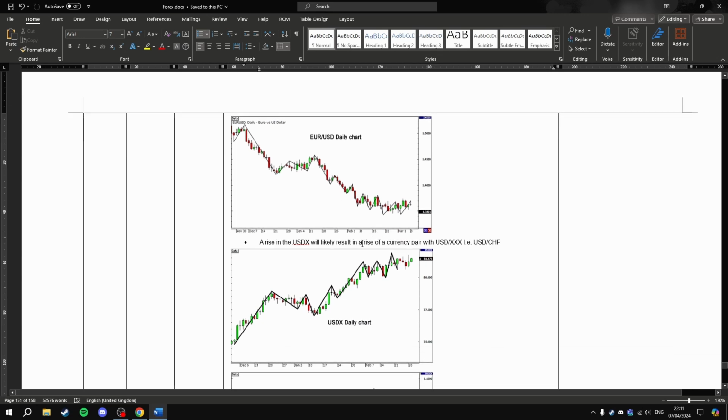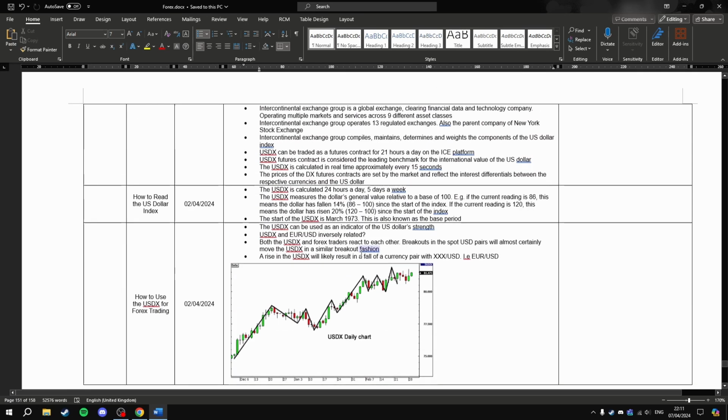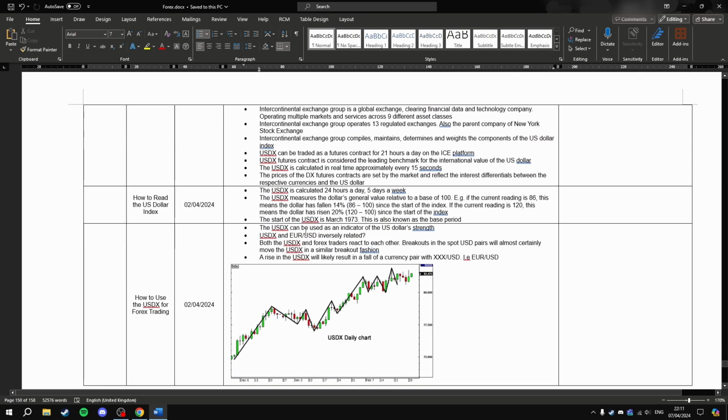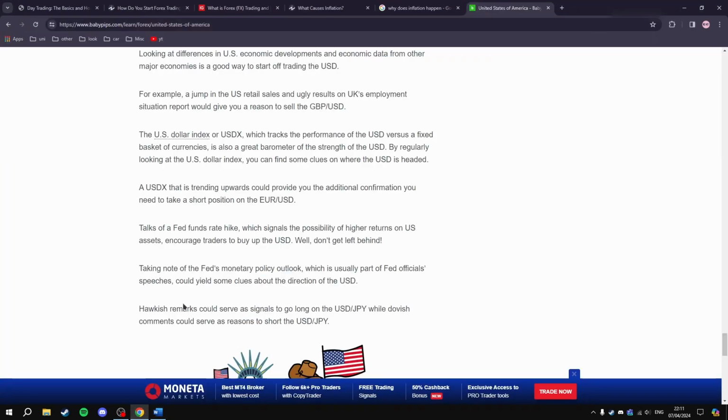A rise in the USDX will likely result in a fall of a currency pair with XXX/USD, i.e. Euro USD. USDX can be used as an indicator of the US dollar's strength. USDX and Euro USD are inversely correlated.